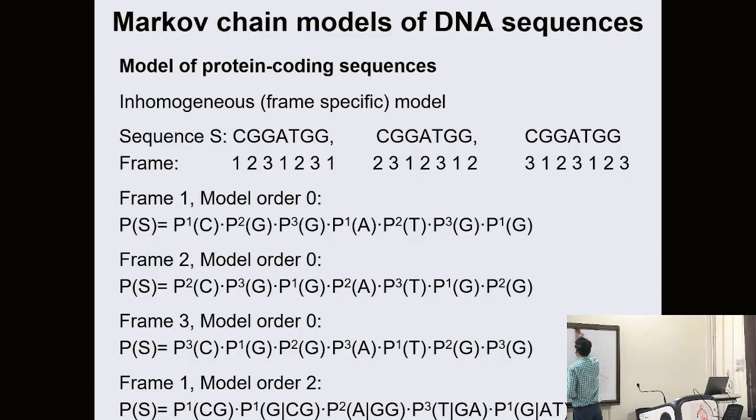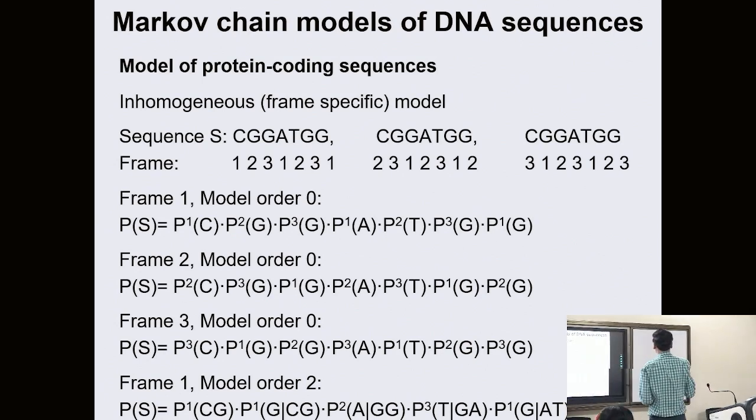Let's consider this sequence. I will write the full sequence: CGGATGGATGG. So Markov chain model of order 2.